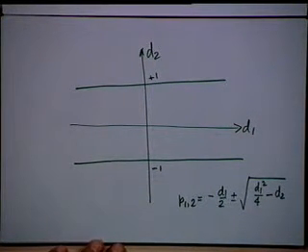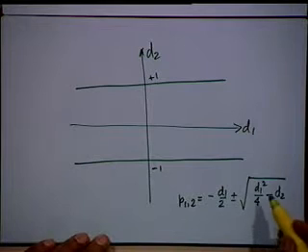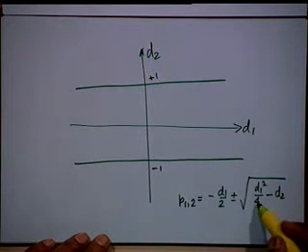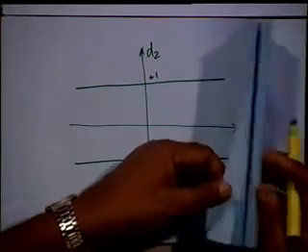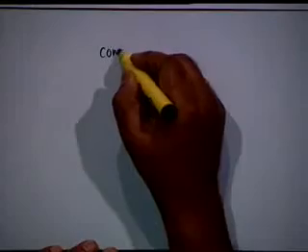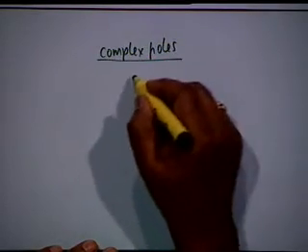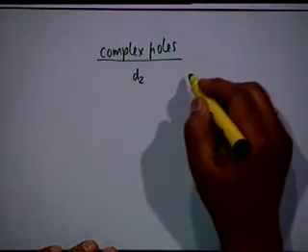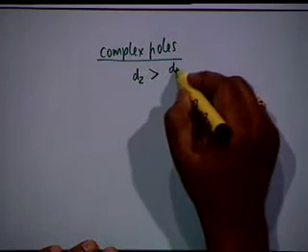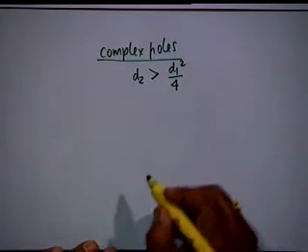If the roots are complex, then obviously d1 squared by 4 should be less than d2. Okay. First let us see complex roots, complex poles. The condition is that d2 should be greater than d1 square by 4.